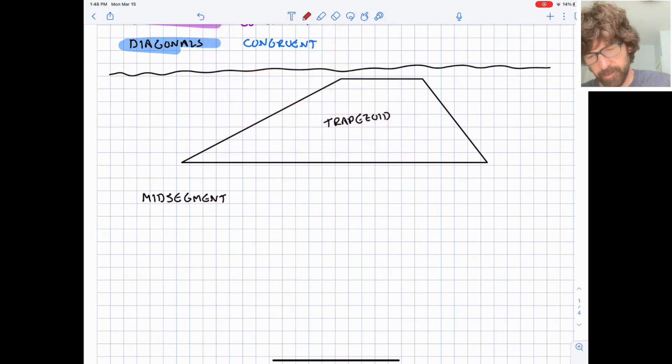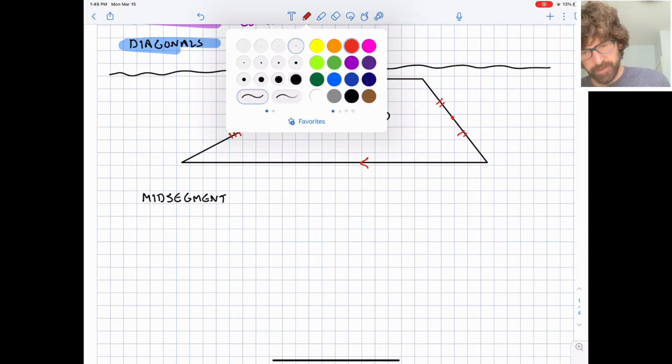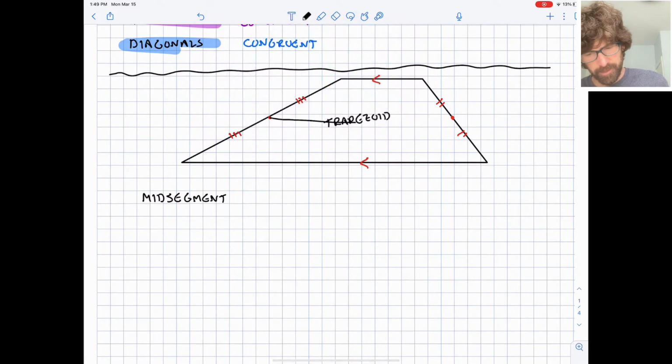Keeping with the idea of working with trapezoids still, here we don't have an isosceles trapezoid. I want you to try to think about what might be true about the mid-segment of this trapezoid. Recall the mid-segment is a line that connects the midpoints of the trapezoid's non-parallel sides.